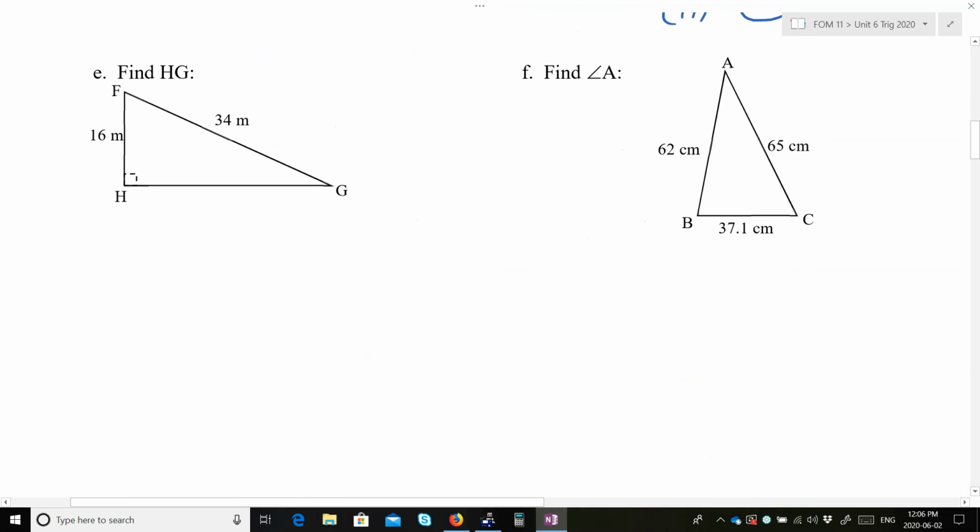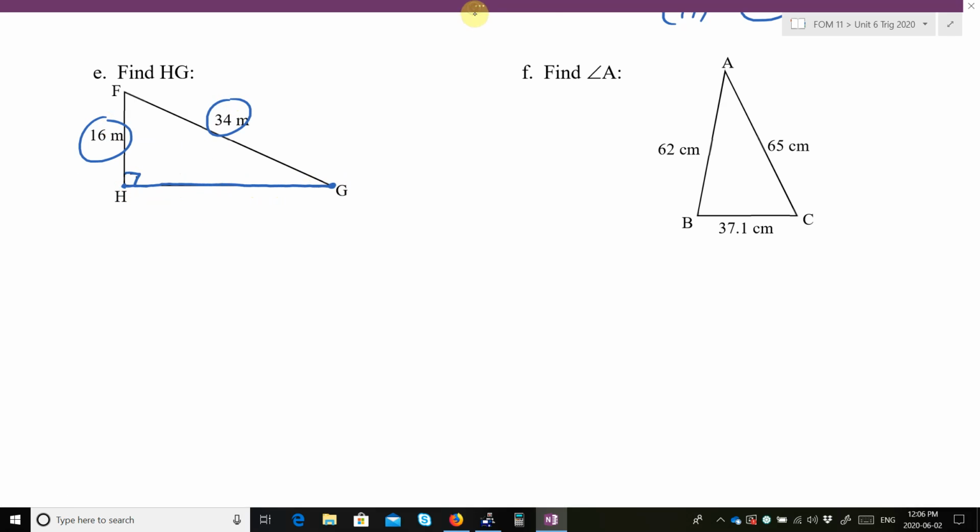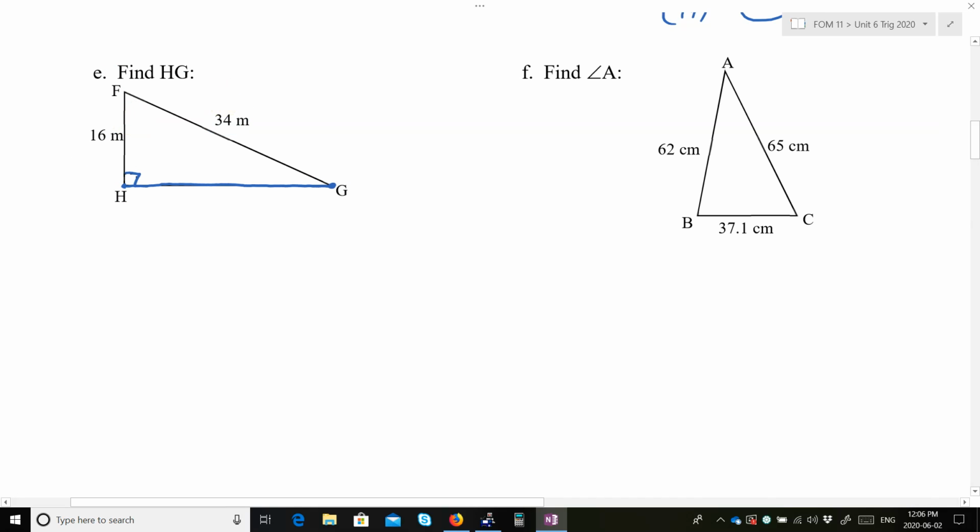In letter E, they want us to find HG, so they want us to find a side right here. We do have a 90-degree triangle, so Pythagoras or SOHCAHTOA applies, and when you have two of the three sides, you can do Pythagoras. All right, across from the 90 is C. This is A. We can call this B. That's the one we're trying to find.